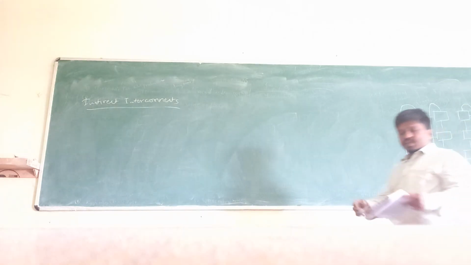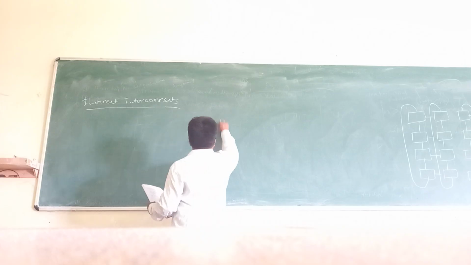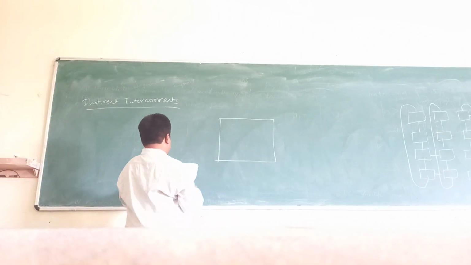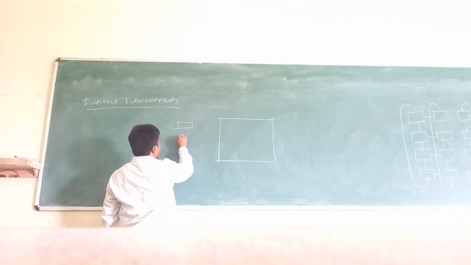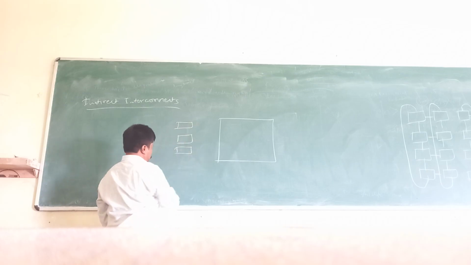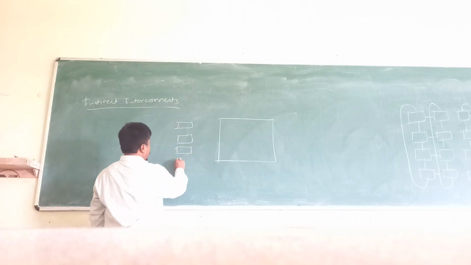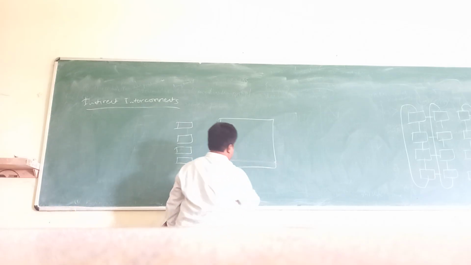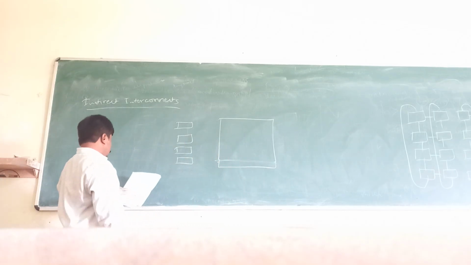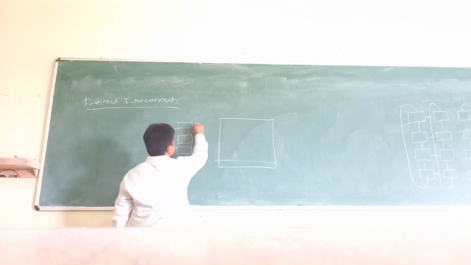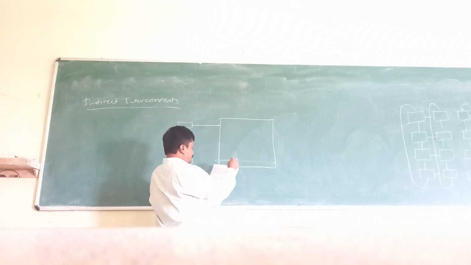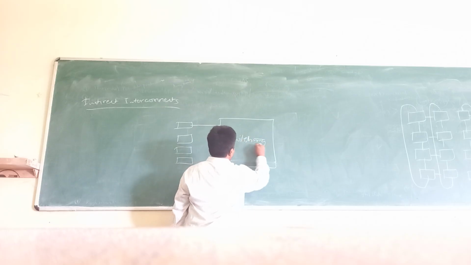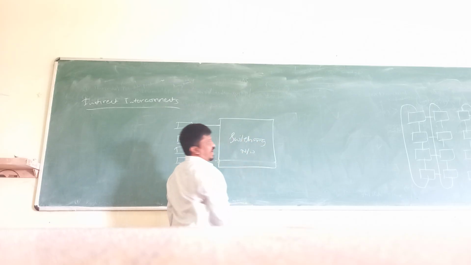I have a figure here, just copy this figure, this much is enough for you. How many processors do I have here? 4 processors. This is what I already told you, a switching network.